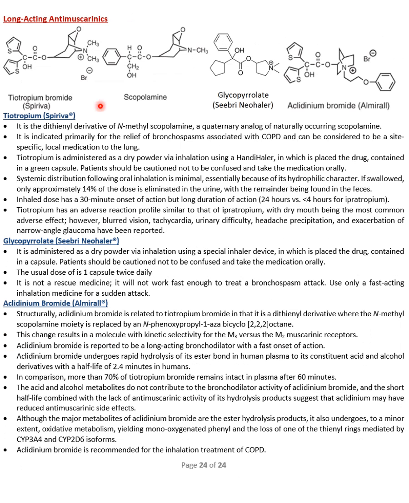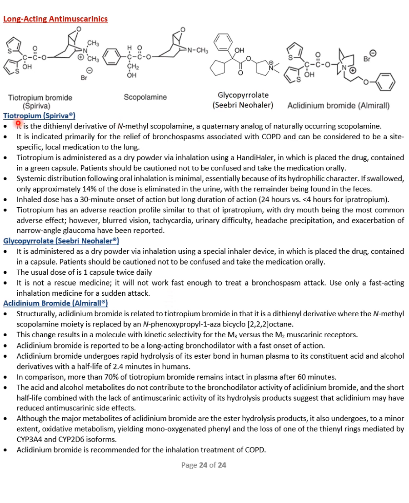The next class: there was only one example in the short acting. Now the long acting, we have three examples: the tiotropium, sold under the name Spiriva, the glycopyrrolate, sold under the name Seebri Neohaler, and the aclidinium bromide, sold under the name Tudorza.